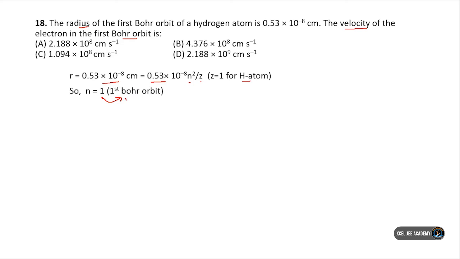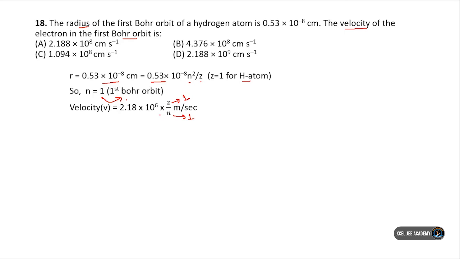Now we have to find out the velocity. For the velocity, we have the formula 2.18 into 10 to the power 6 into z by n. We know that the value of z is equal to 1 since this is a hydrogen atom, and n is also equal to 1.